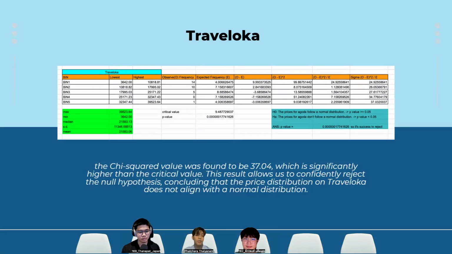Let's see Traveloka. The chi-square value was found to be 37.04, which is significantly higher than the critical value. These results allow us to confidently reject the null hypothesis, concluding that the price distribution on Traveloka doesn't align with a normal distribution.